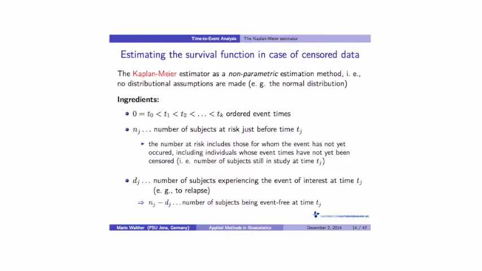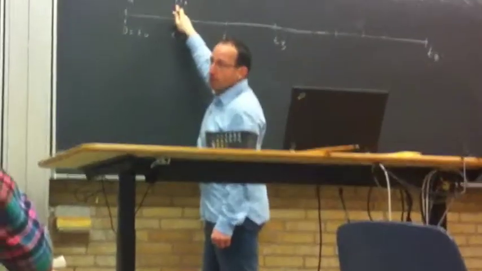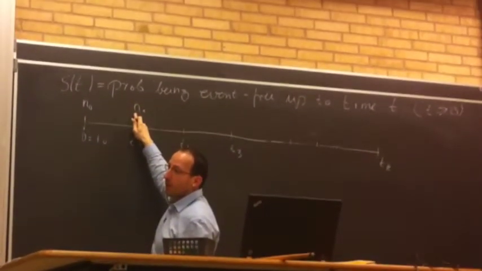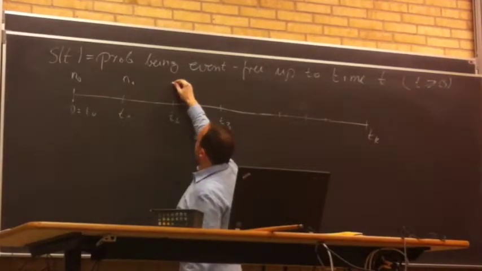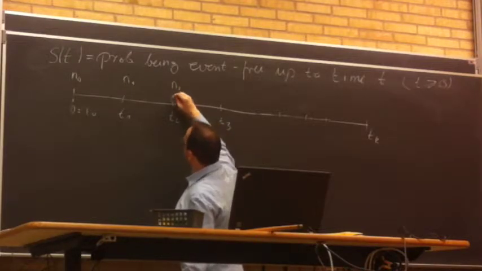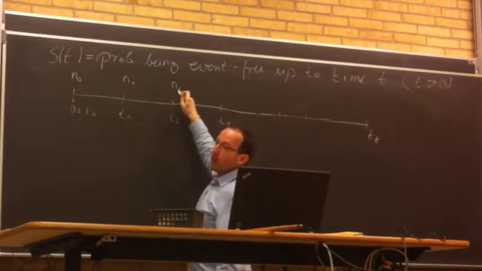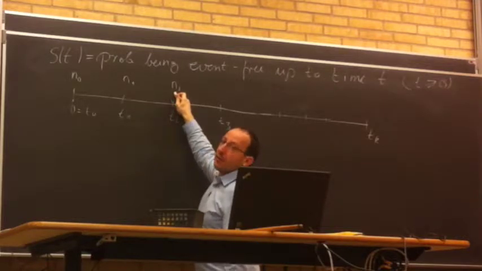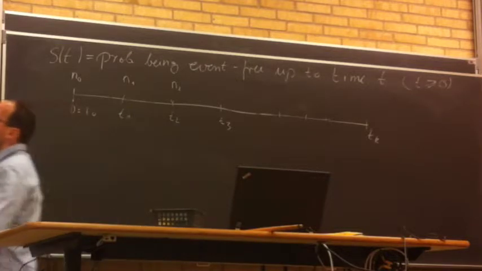At the event time t1, you count the number n1 of patients just before time t1 who are at risk of having an event of interest, or of relapsing in the leukemia. At time point t2, you count the number n2 of patients just before time t2 who are at risk of relapsing or having an event of interest. This is the number or symbol n2.